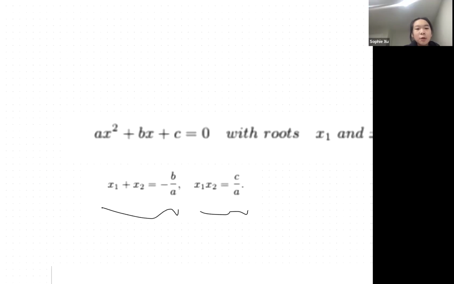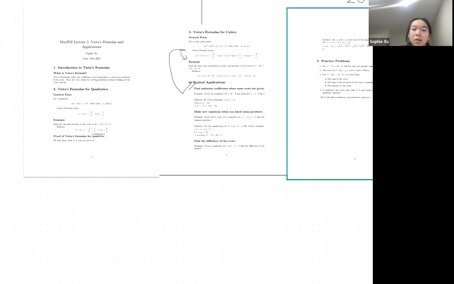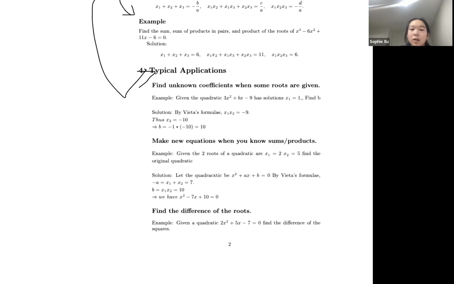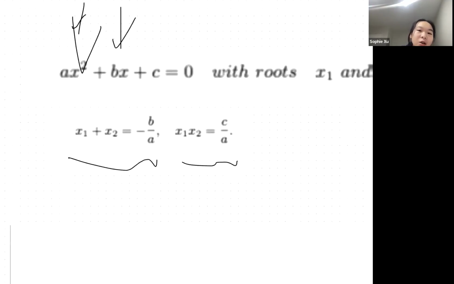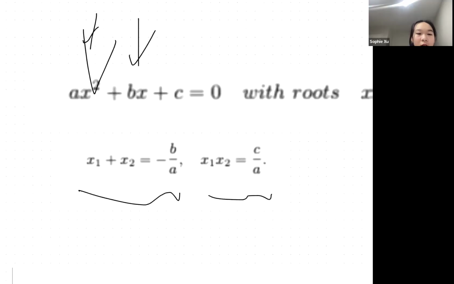If you know a and b, and then you're given one of the roots, then you can basically just find the other root, right?